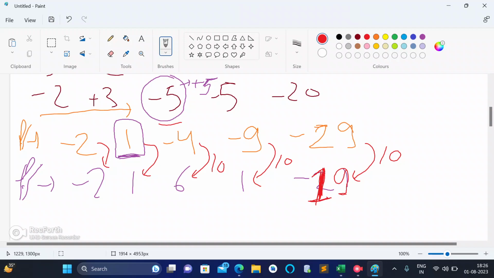So what we can observe from here is, we have changed -5 to +5.